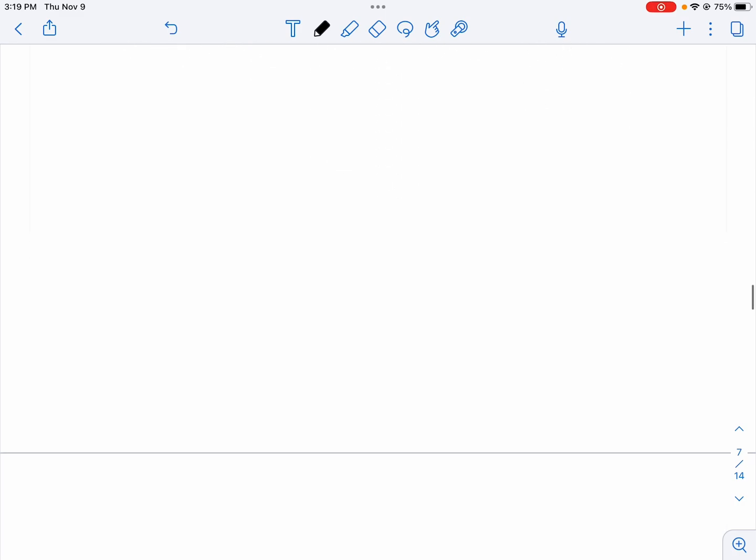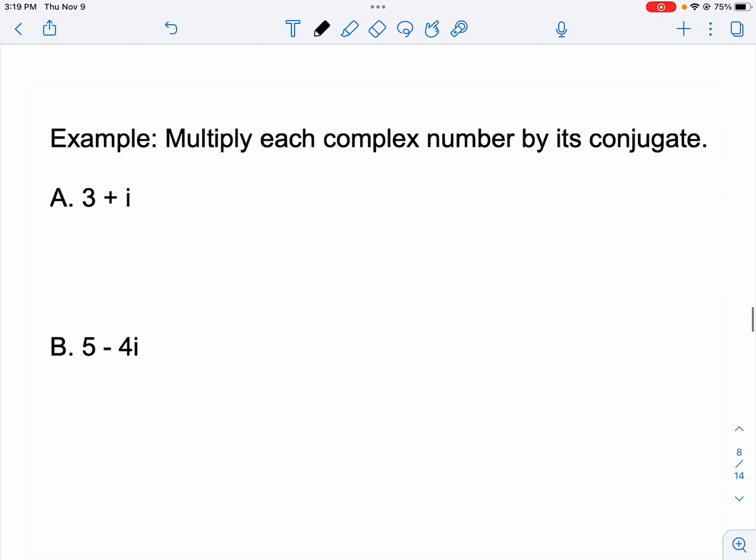Let's look at this with numbers. Multiply each by its complex conjugate. So if the real part is 3 and the imaginary part is i, the complex conjugate would be 3 minus i. The real part is the same, the imaginary part is the opposite.